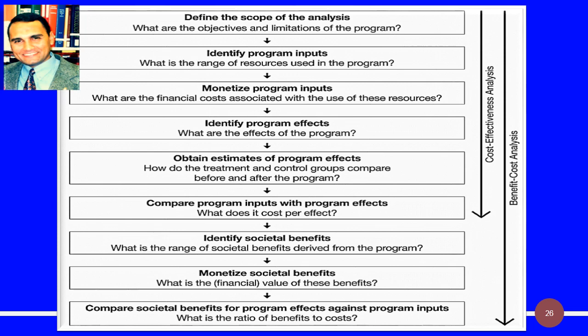This is an example of control programs and their estimation. In this schedule, we will find questions and answers, and we will give examples using a dairy farm that has mastitis in more than 30%. Define the scope of the analysis.